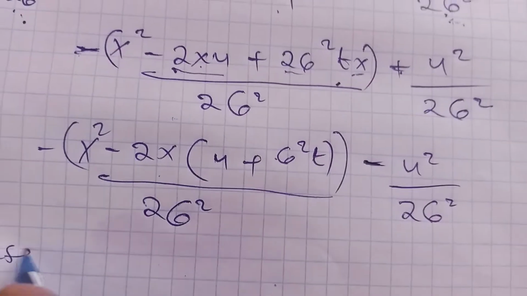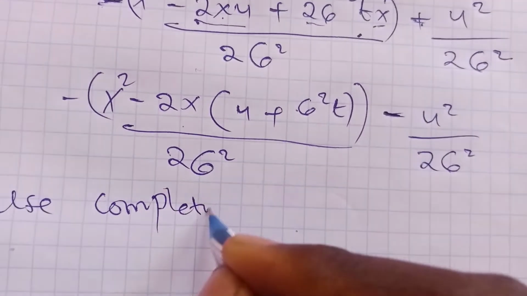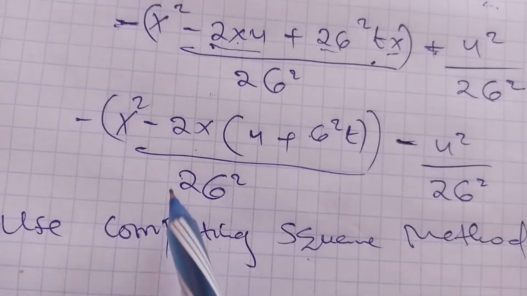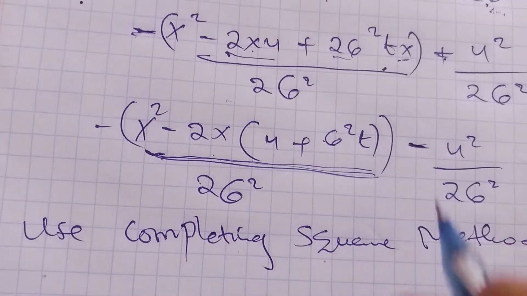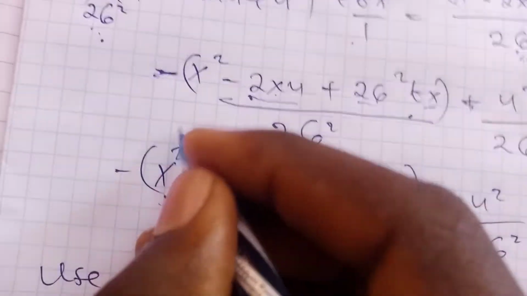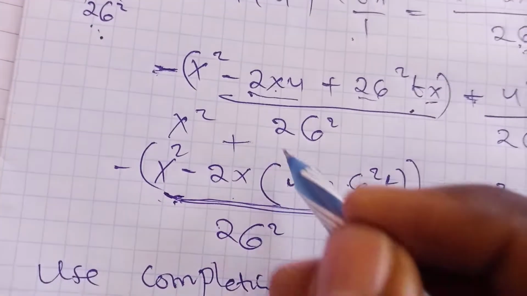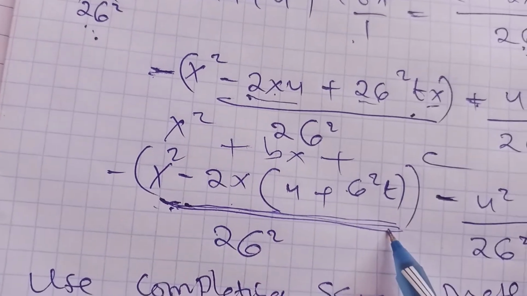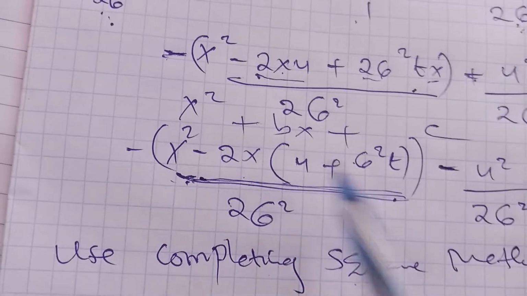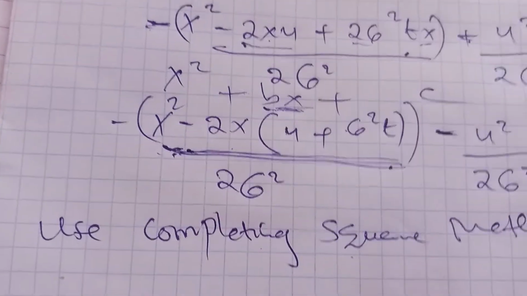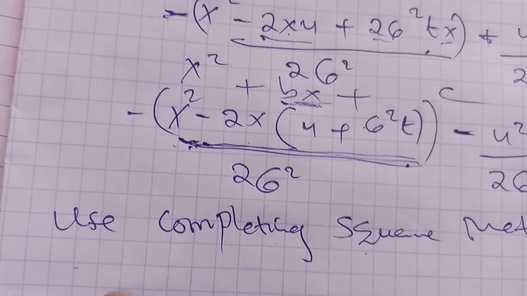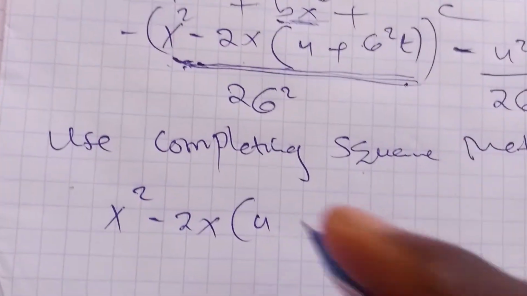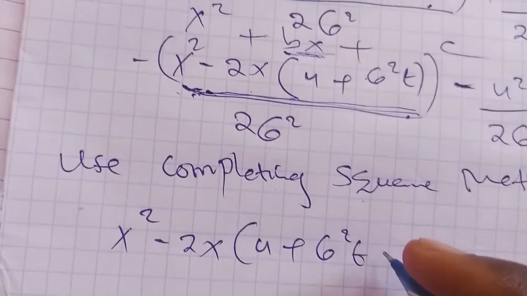From there you will use the completing the square method to work out this. You can see this one is in the form of x squared plus bx plus c. In this equation here we don't have c, so we have x squared and bx. So you can say x squared minus 2x (u plus sigma squared t).